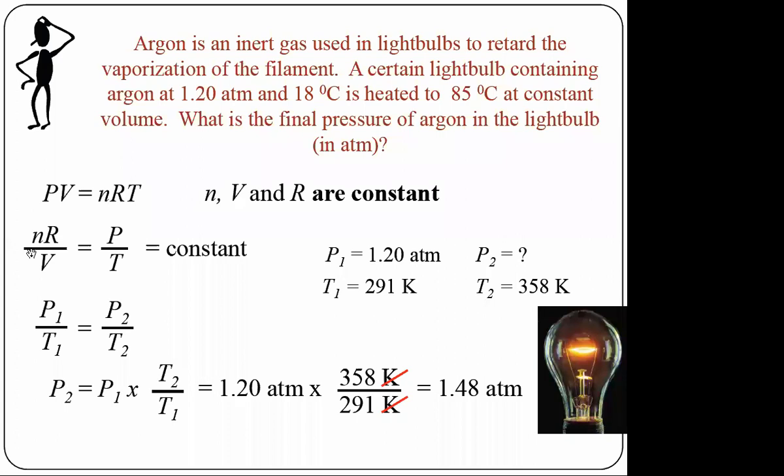And how do you get that? You have nRT over V equal to P over T. So nR over V becomes constant, which means that P over T is equal to constant. From there, you can find your unknown.